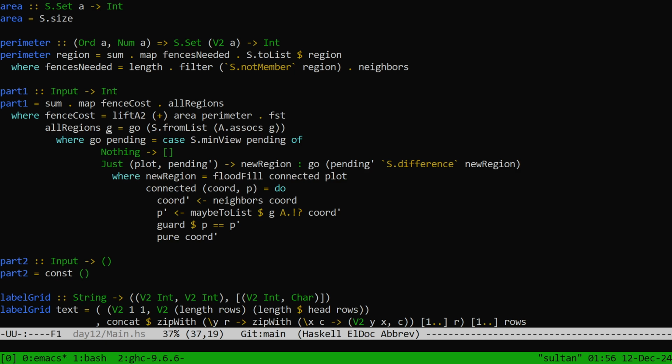I forgot. Make array of bounds. Actually, I think it's just uncurry of A.array. Like that.